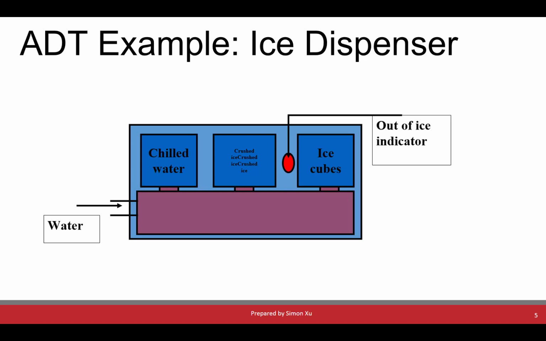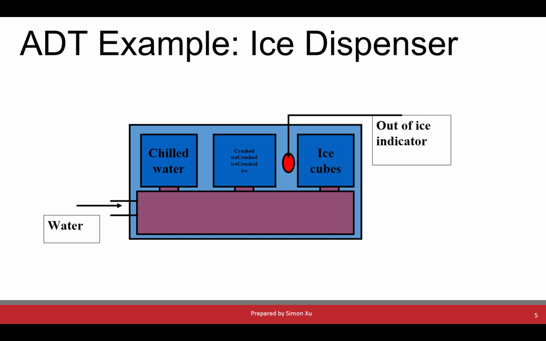Then we should know the operations. For example, how to make the water chilly, how to make crushed ice, how to make a cube, how to provide the operation is empty. At this stage, we don't care how operations are done inside.